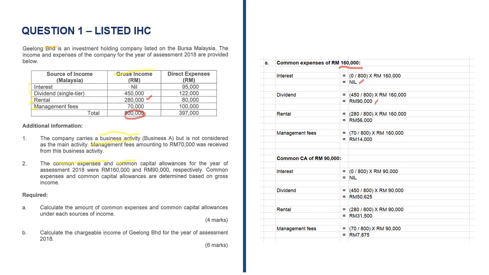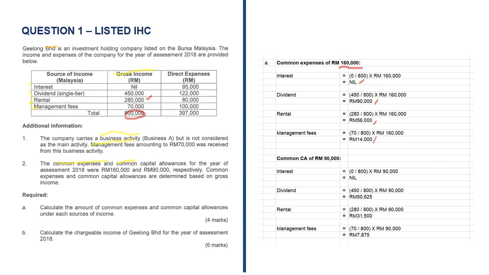So, expenses yang belong to rental hanyalah sebanyak 56,000. And last one, kita ada management fee 70,000 over 800,000 times 160,000, we get 14,000 common expenses that belong to management fee. So ni cara kita nak apportion common expenses.